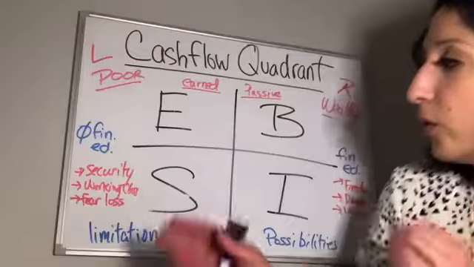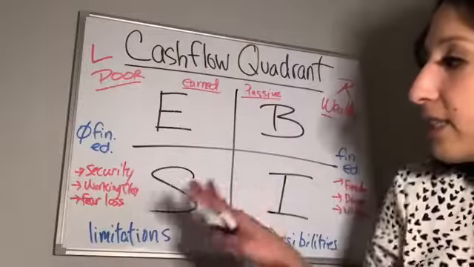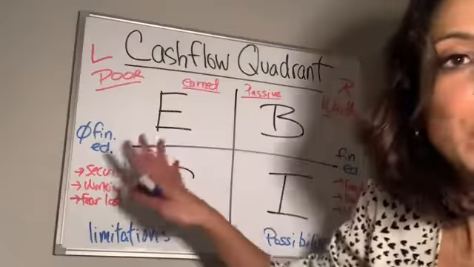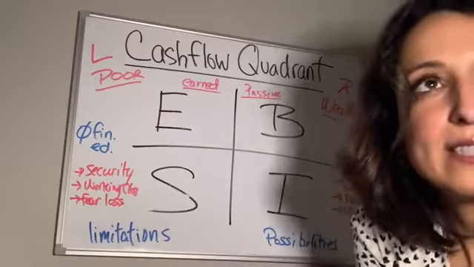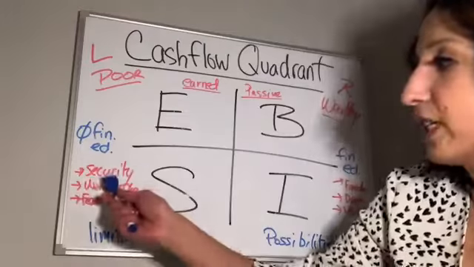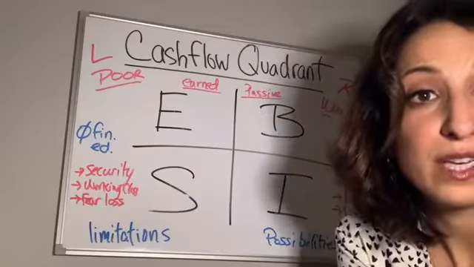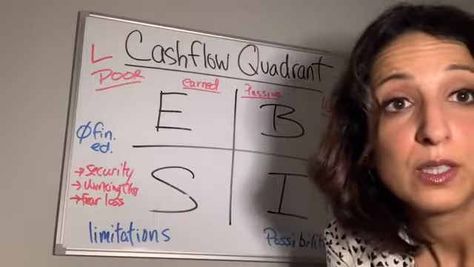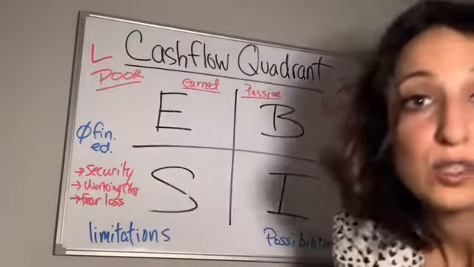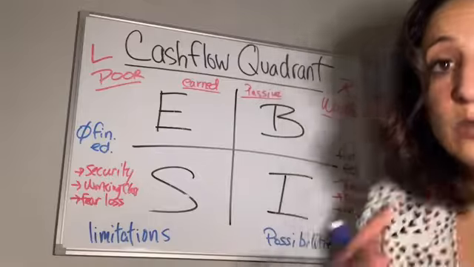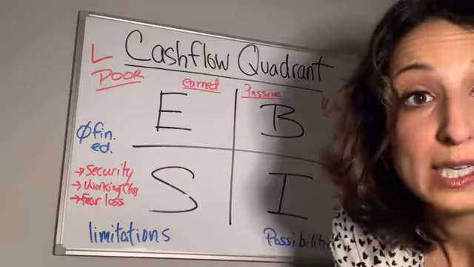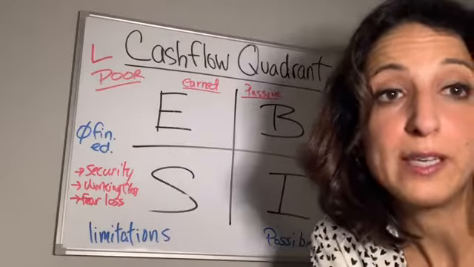So over here, how Robert Kiyosaki explains it is that you're basing your actions on security. That's what you're seeking. You have a fear of losing your job. So employees fear losing their jobs, and how they deal with that is that they go to an employer where they can secure a job, right?